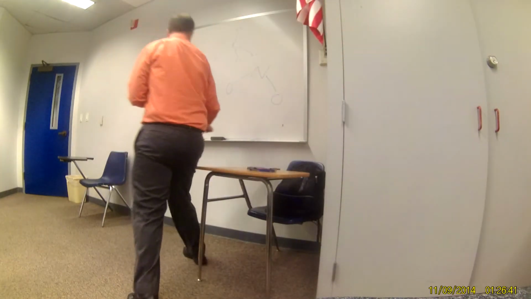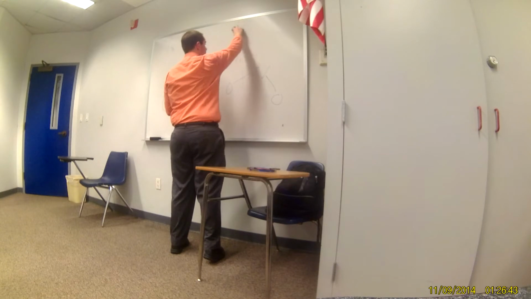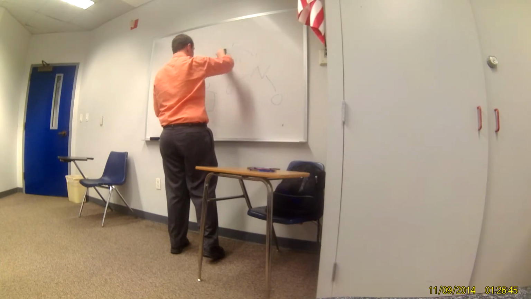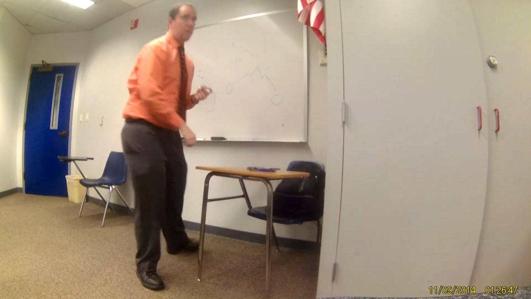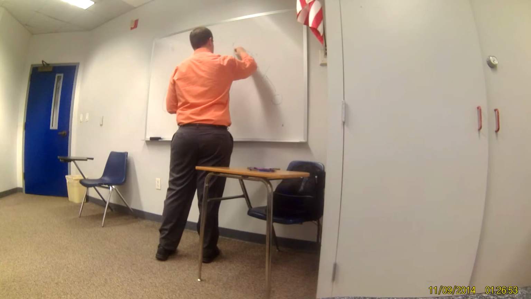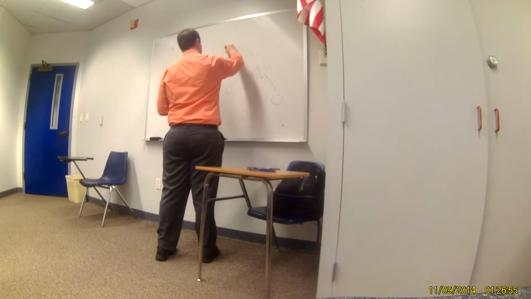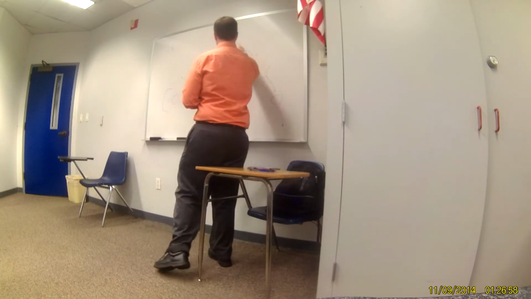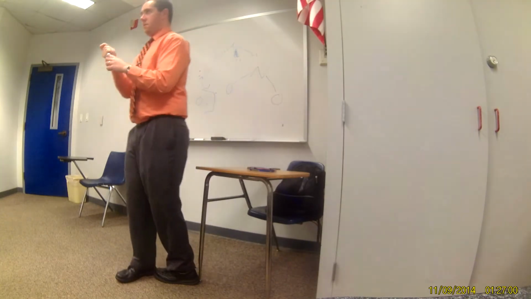If you have trigonal pyramidal, what you're going to do is you're going to take off one of the lines, and so you're still going to have one in and one out. So that's our trigonal pyramidal.